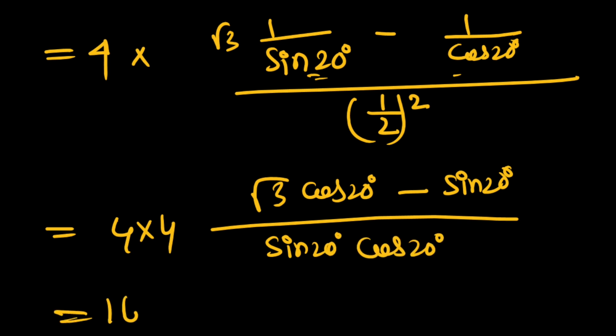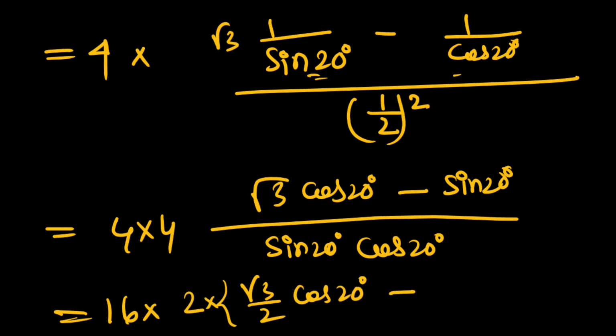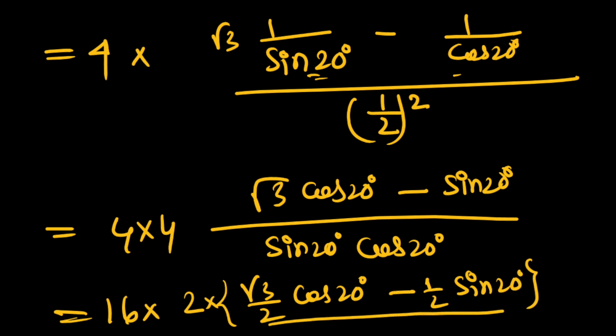Therefore that is 16 into root 3. So we adjust here by 2, so we multiply by 2 here also: cos 20 minus 1 over 2 sine 20, over sine 20 cos 20.